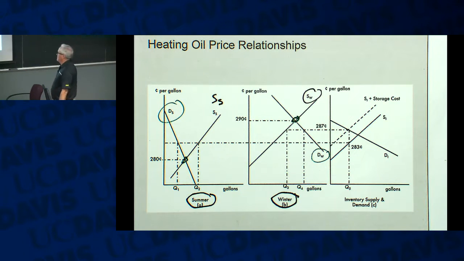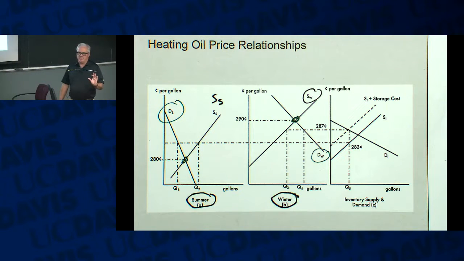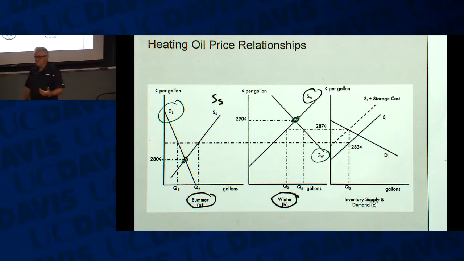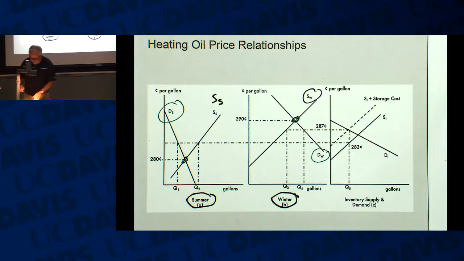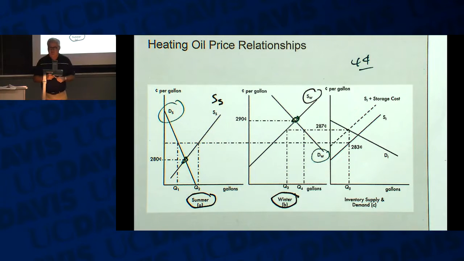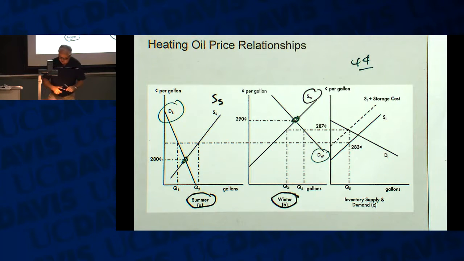So if the storage costs are less than that typical spread, then there's incentive to build facilities. So let's say the storage costs are 4 cents. Then we're going to go ahead and build some storage.